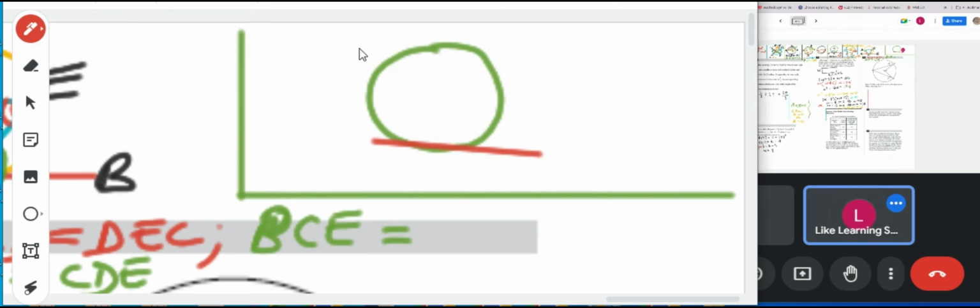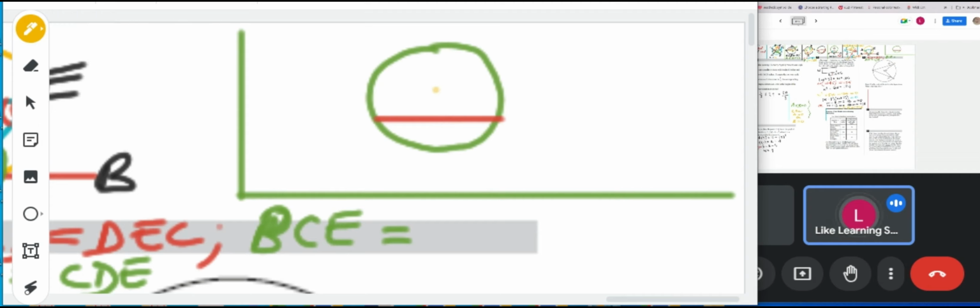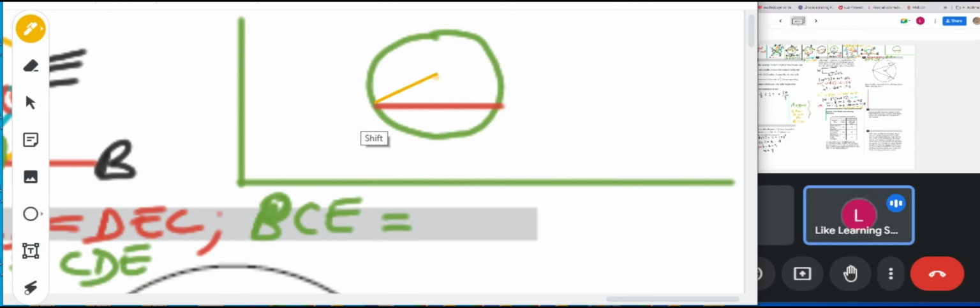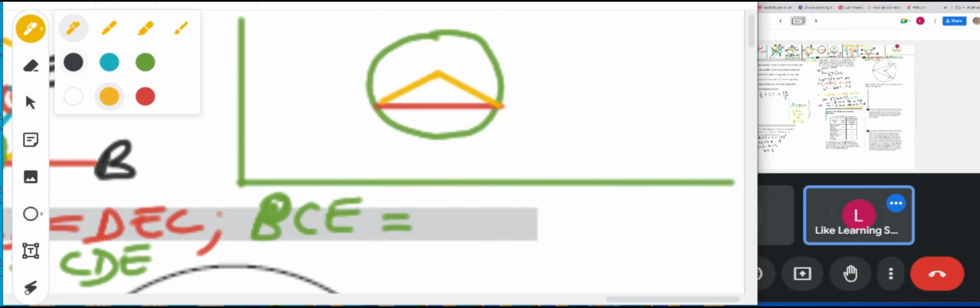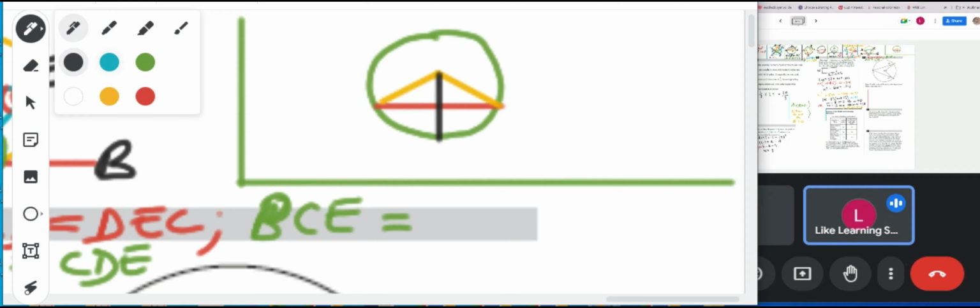I just noticed there's one rule I didn't tell you about. If this is a chord and a line is drawn from the center, a radius that divides a chord into two equal parts must form an angle of 90 degrees on both.